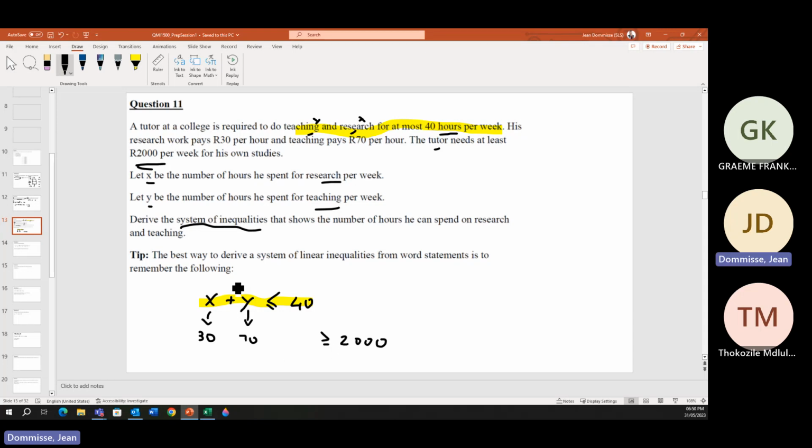How to get that? He needs to do 50x plus 70y, and that part, including that, is greater than or equal to 2,000. So that is your second equation, and that is your first equation.